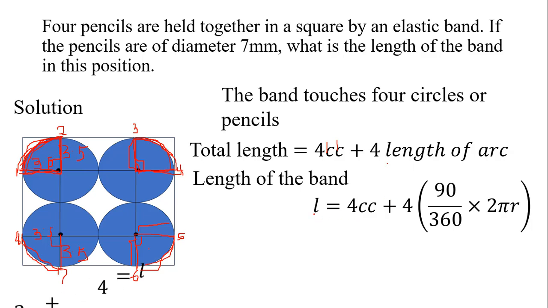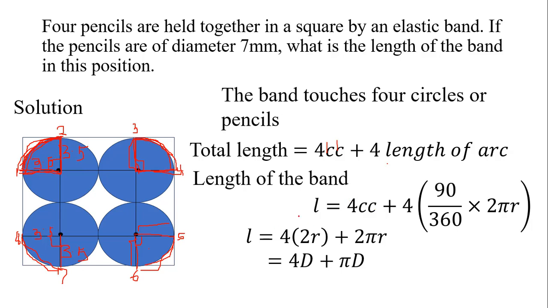So if we simplify further, we have 4 times 2 radii plus 2 times pi r. This is the same thing as 4d plus pi r, which goes back to the same formula we have.